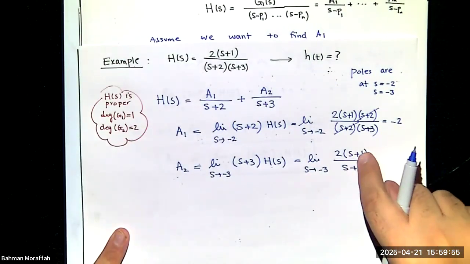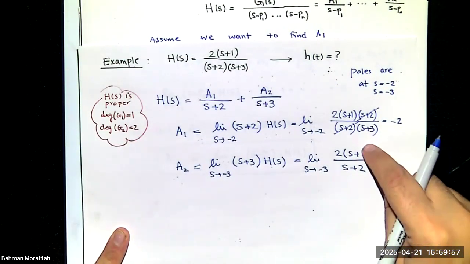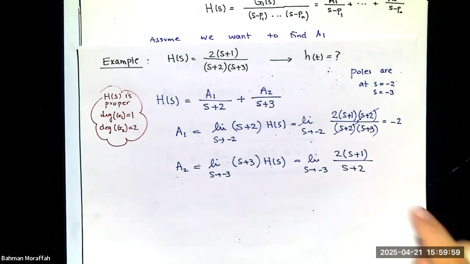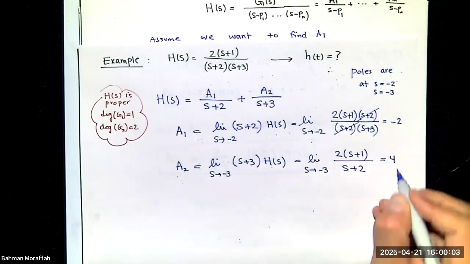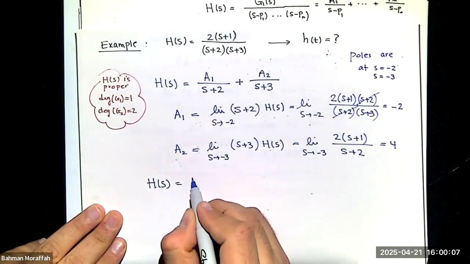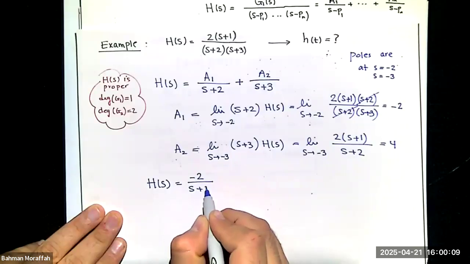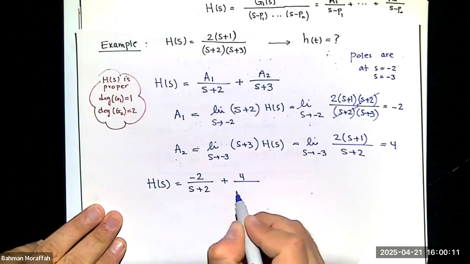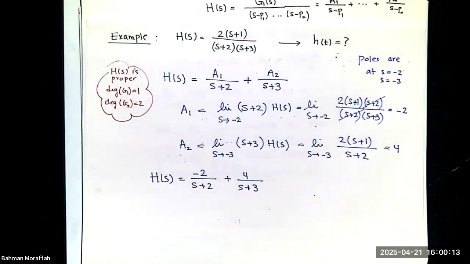If I plug in -3, I have -4 divided by -1, so it's 4. Therefore, my H(s) is -2 divided by (s plus 2) plus 4 divided by (s plus 3). Does that make sense how I got this H(s)? Everybody with me?